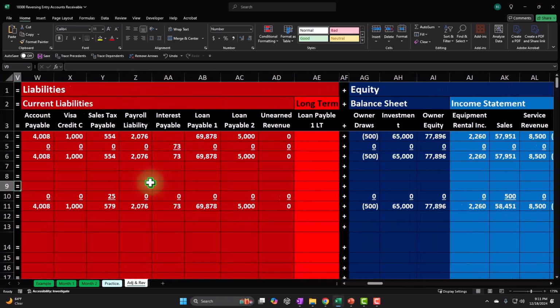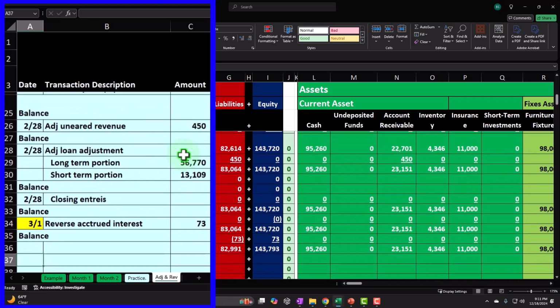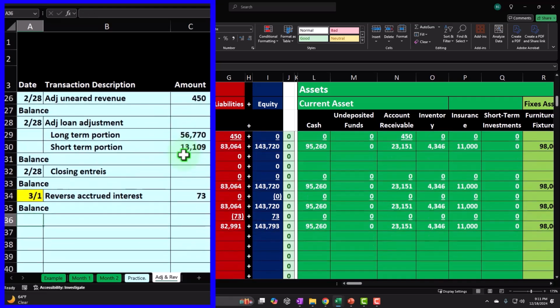All right, let's go back to the left and let's see how this is going to work. So let's say this is going to be on 3/1. All of the reversing entries are always on the first day after the cutoff, which for us, cutoff date 2/28, reversing entry 3/1.